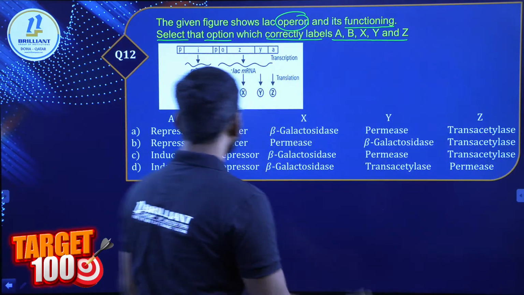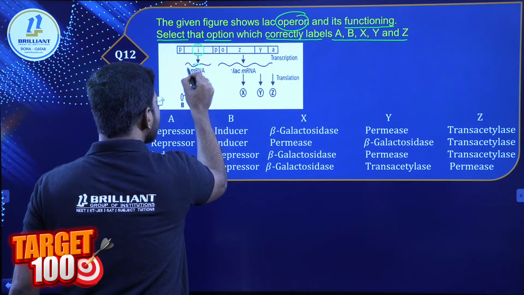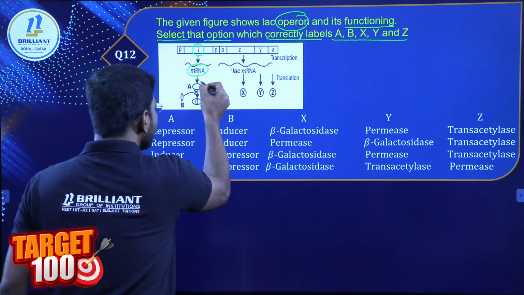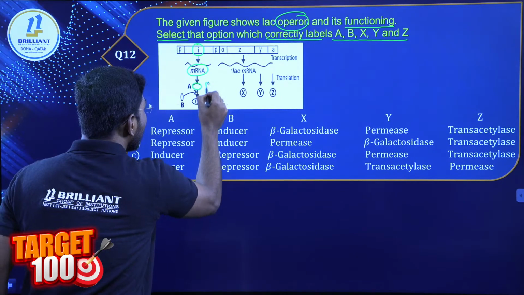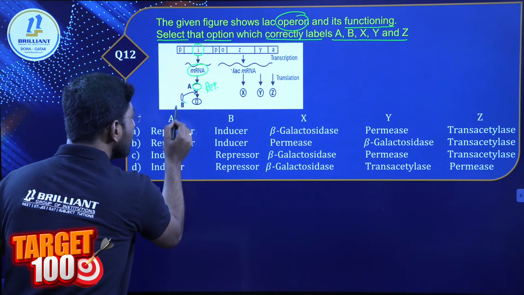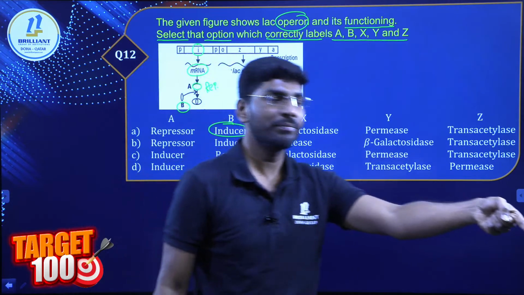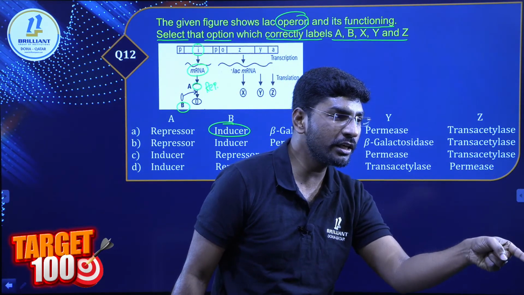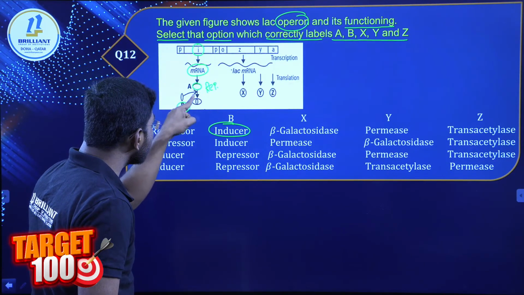Now this I gene undergoes transcription to give mRNA. This mRNA will give A. So A is the repressor protein. What is this B? Inducer. Now this inducer is going to be attached here, right?